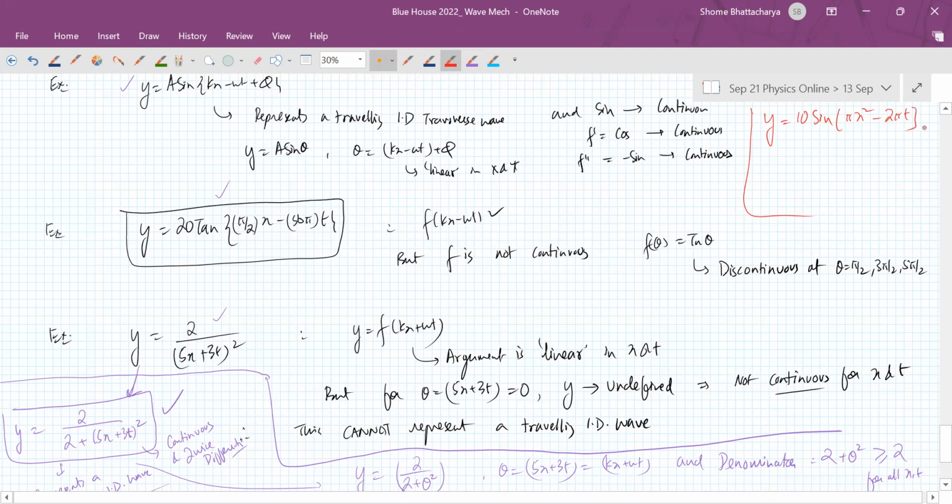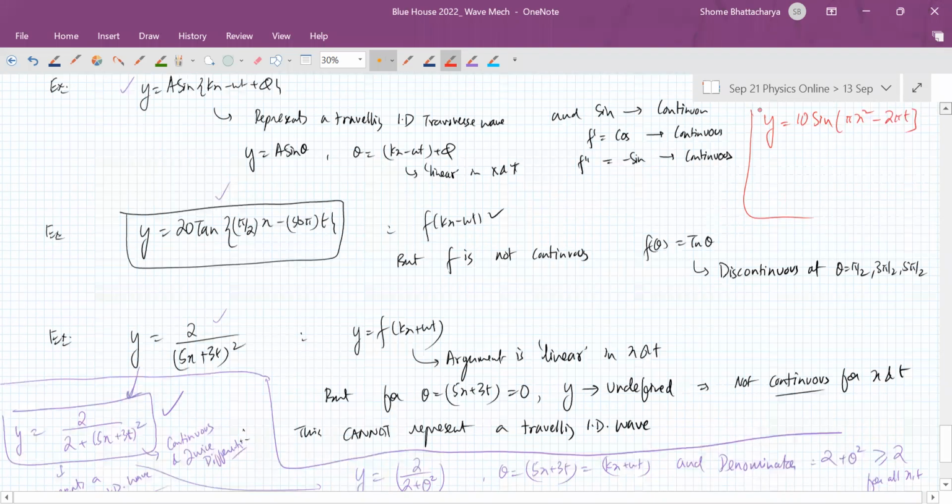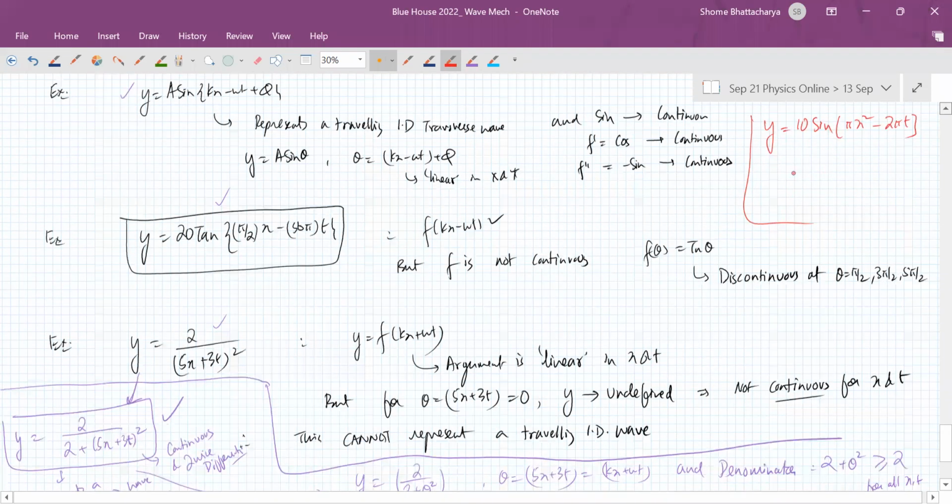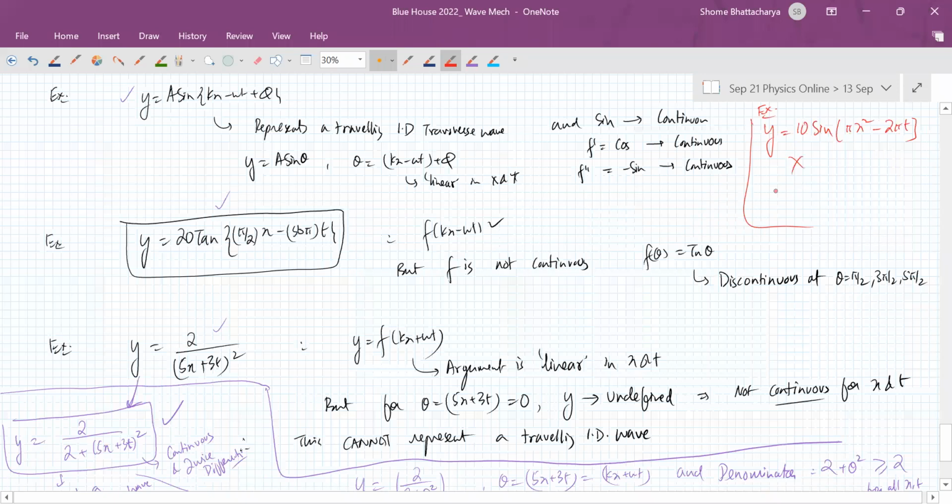Again, you can see that this does not represent a traveling wave because it is not linear in x and t. The argument of the function is pi x square plus or minus 2 pi t. So this is non-linear, so it does not represent a traveling wave.